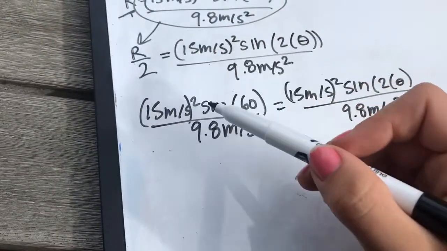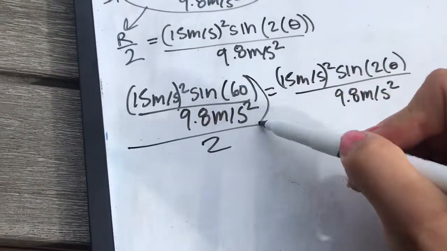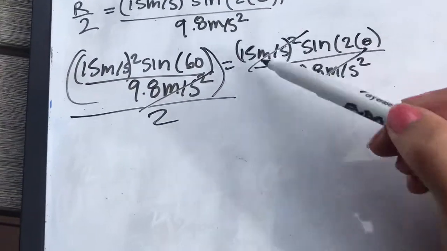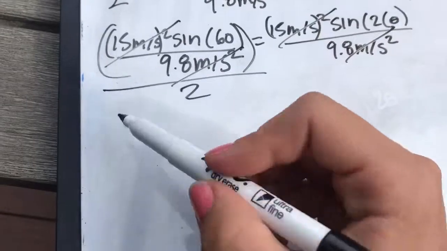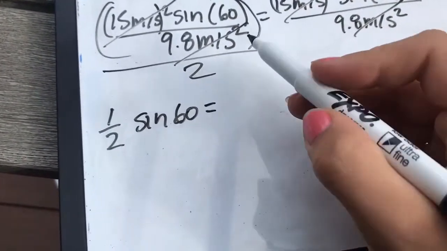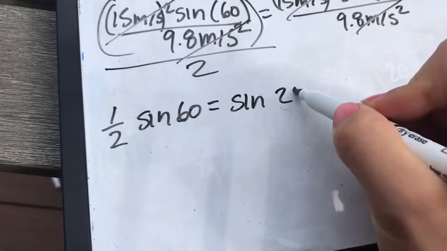And that's R, so we need to divide that all by 2, and this will cancel out, that will cancel out, and what we're left with is 1/2 sine 60 equals sine 2 theta.